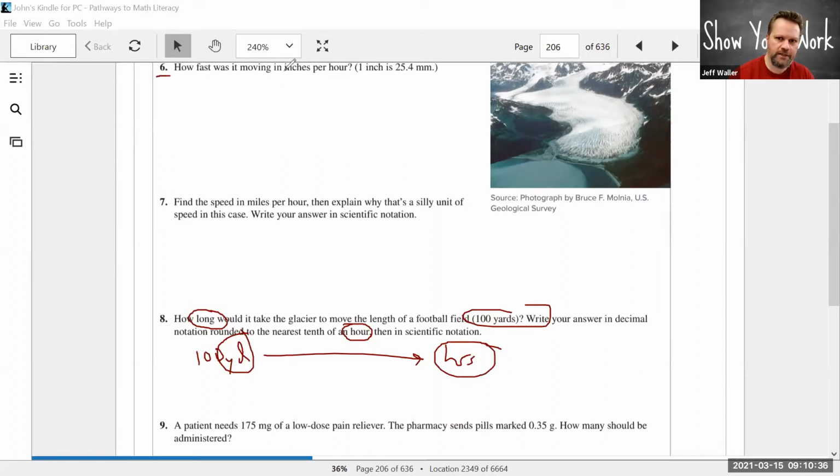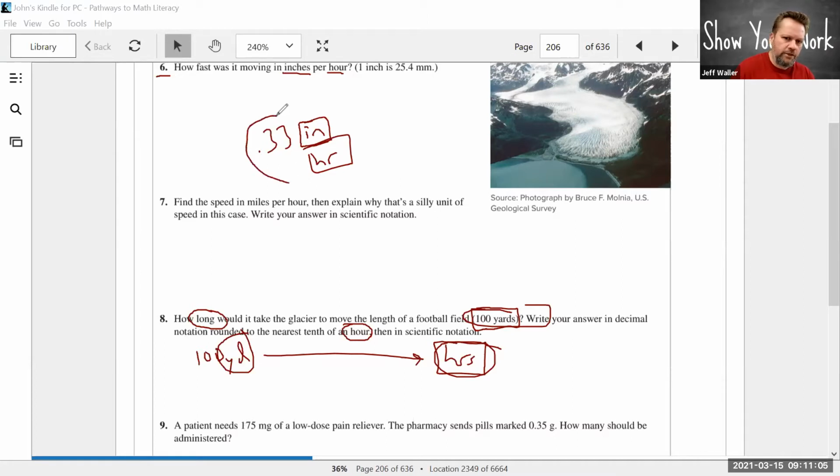Your answer to number 6 is inches to hours. So you should get on number 6, I'll go ahead and give this to you, 0.33 inches per hour. So do you see how that's a connection? I really want you guys to see. Well, 100 yards is where I start. That's how far I want the glacier to move. This goes from length to time, and I do want to end up in time.